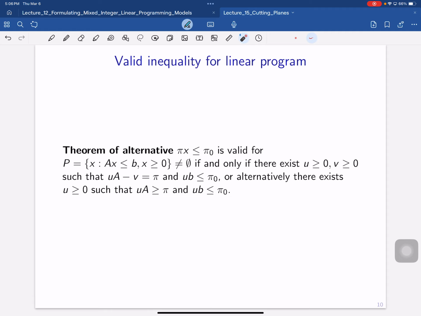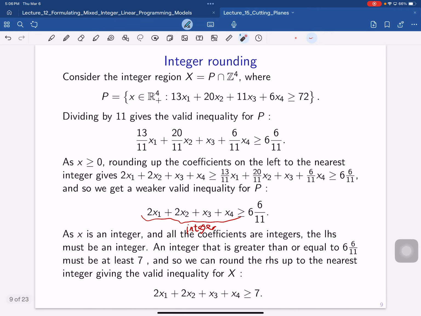Here, what we did is we multiply this inequality by 1/11. But in general, you can derive any valid inequalities for the linear programming relaxation and then round up the left-hand side, round up the right-hand side, as long as this inequality is valid for the original inequalities.